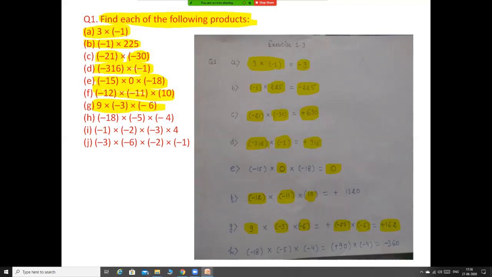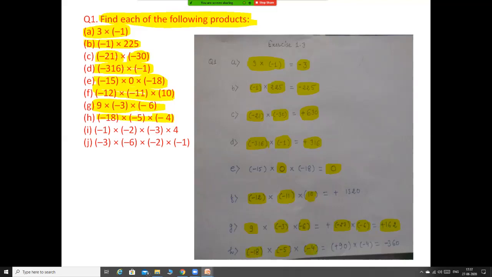Likewise, now H part is there. Minus 18 into minus 5 into minus 4.